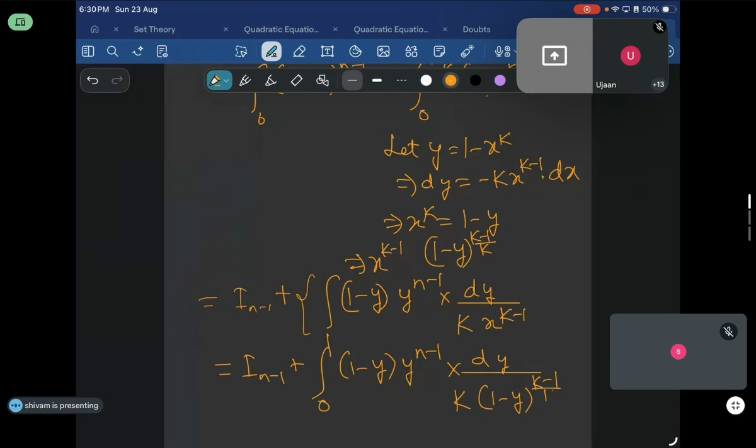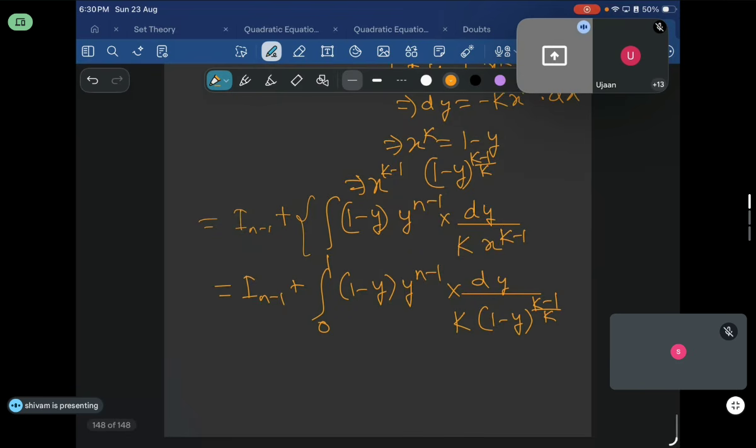by k. Right. So when you simplify, what do we get? See, from here 1 by k will be outside. n minus 1 plus 1 by k is outside. Integral from 0 to 1, 1 minus y whole to the power 1 minus k minus 1 by k multiplied by y to the power n minus 1. Right.